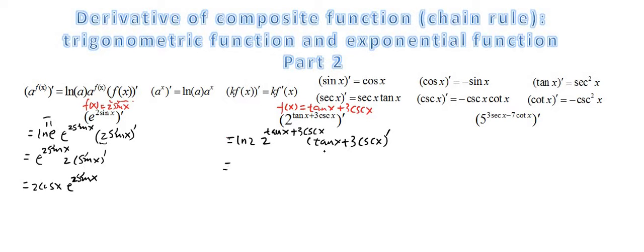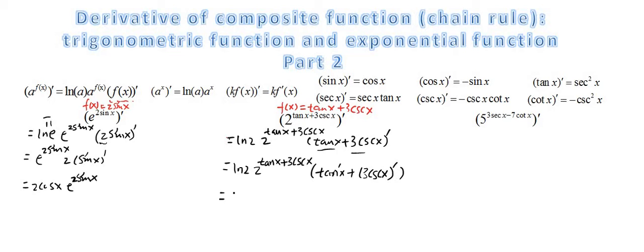Okay, and let's focus on the last term. Here is the derivative of the sum of two functions, that means we can take the derivative of each term. So we can simplify it. Copy the first two terms, and then we do the derivative of each function. 3 cosecant x.